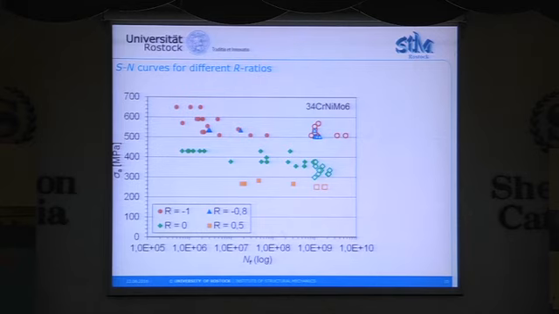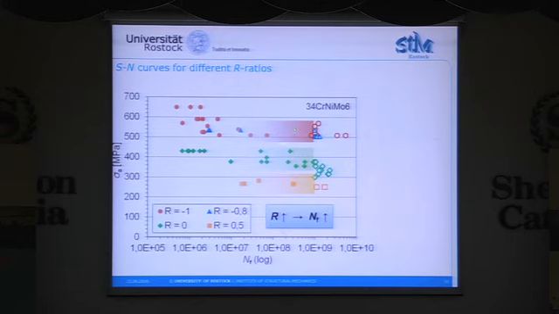You can see that there is a large decrease of the fatigue strength. But what we can also see is that with an increasing R ratio, the number of cycles to failure increases. That means for an R ratio of 0 we have a lot of failures above 10 to the power of 8 cycles, in contrast to the R ratio of -1.